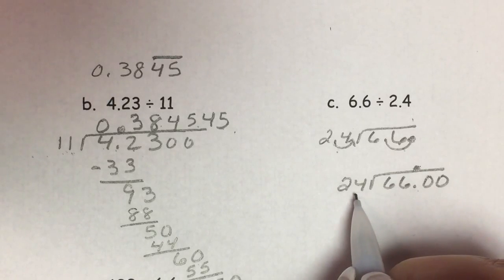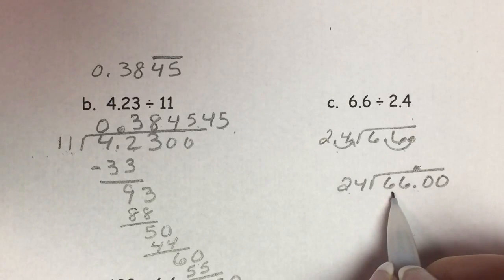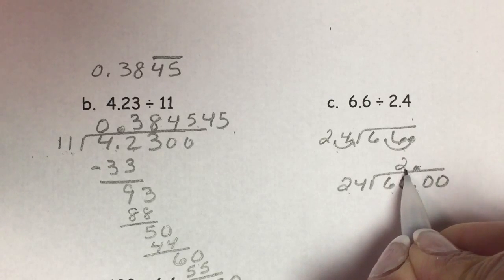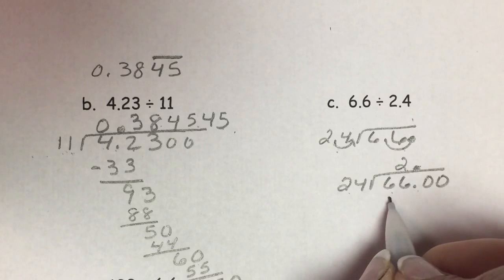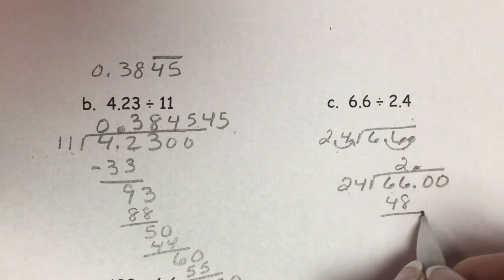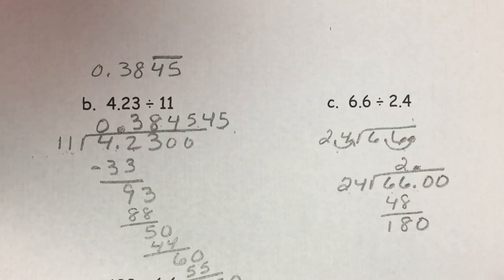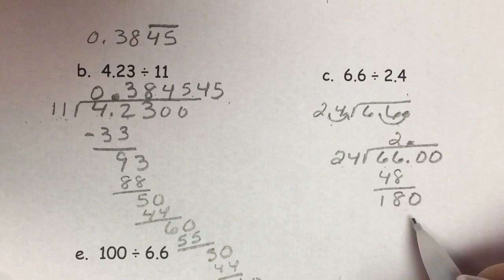So here we go. 24 divides into 66, I think twice. 2 times 24 is 48. If I subtract, I'm going to get 18. I'm going to bring down the 0. So here we go. 24 goes into 180. Ooh, yikes.